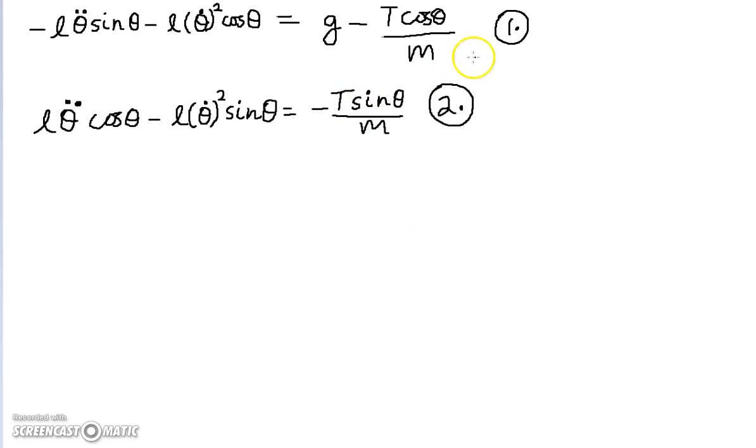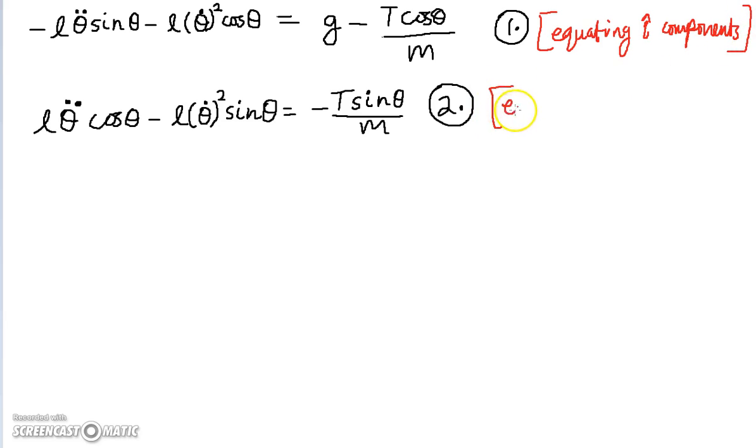All I've done is equate the i components of both acceleration vectors and the j components of both acceleration vectors. So equation 1 is equating i hat components, and equation 2 is equating j hat components.